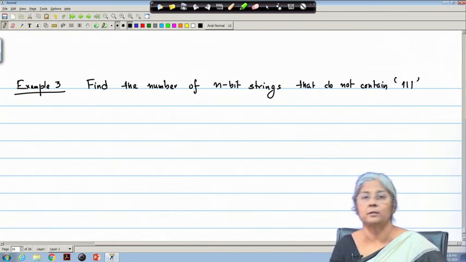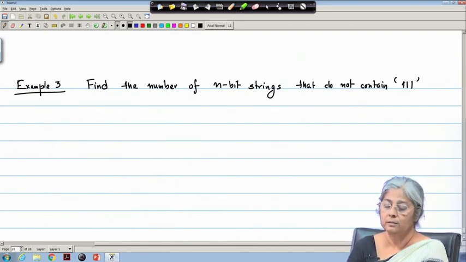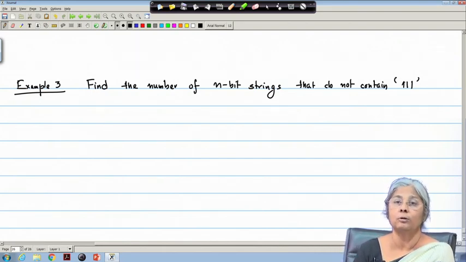Say a particular bit pattern is not there, then how to solve or how to get this number?